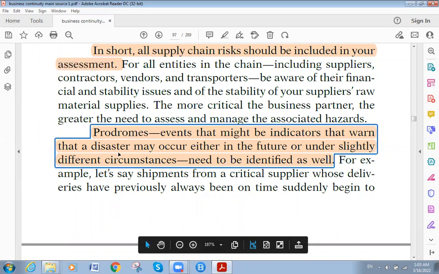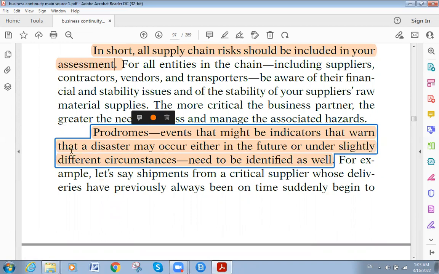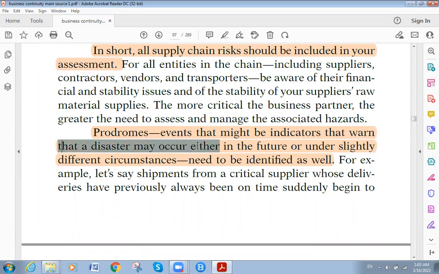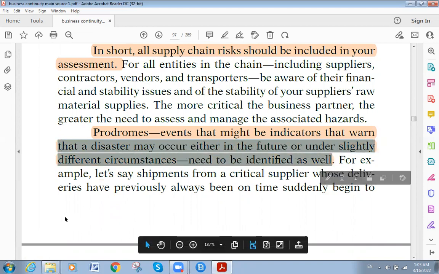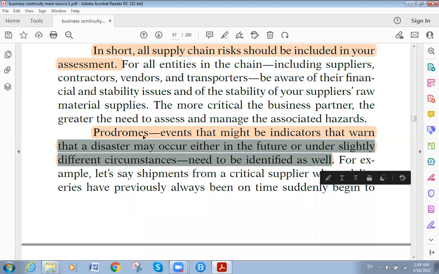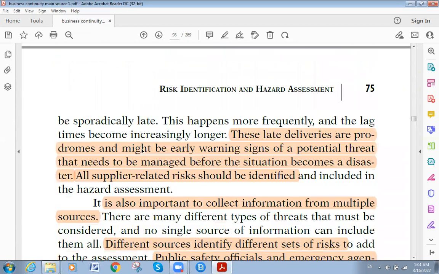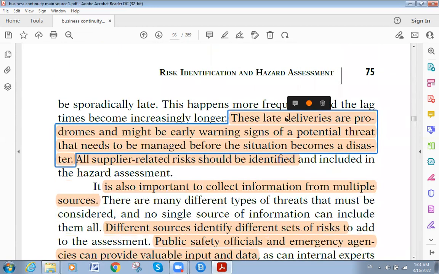Problems, also events that might be indicators that warn that a disaster may occur, either in the future or under slightly different circumstances, also need to be identified. Here we say the problems need to be identified. These late deliveries are problems, as an example.